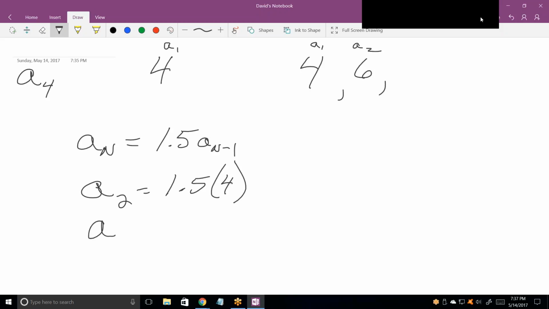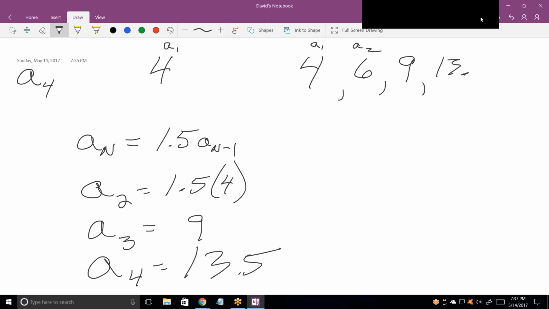What's the third term? Well, 1.5 times 6, that'd be 9. Is this sequence always growing? Yes. Then 13.5.